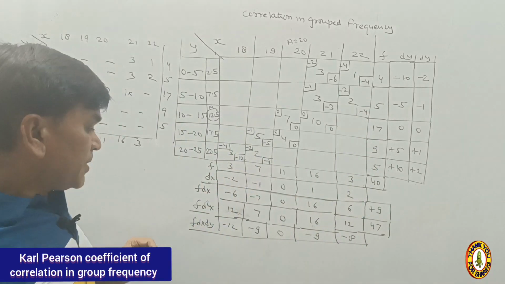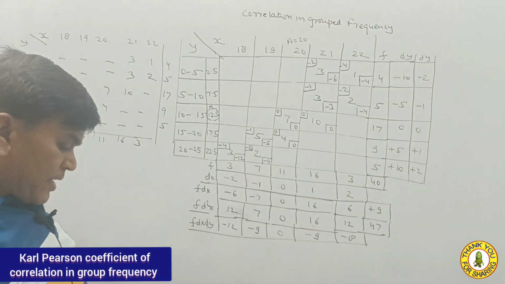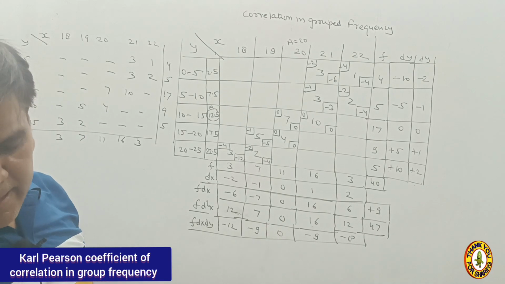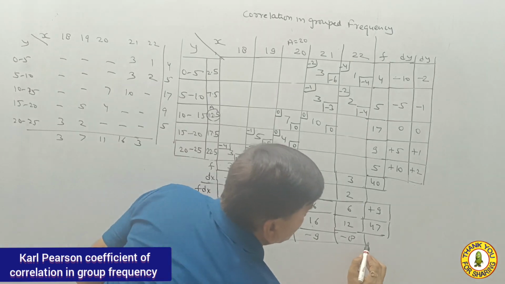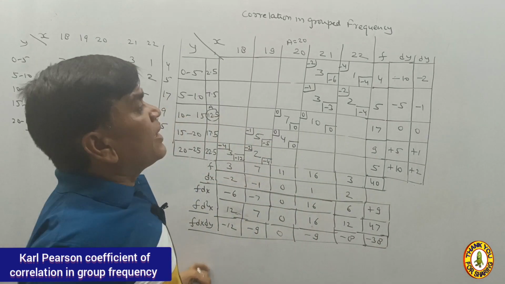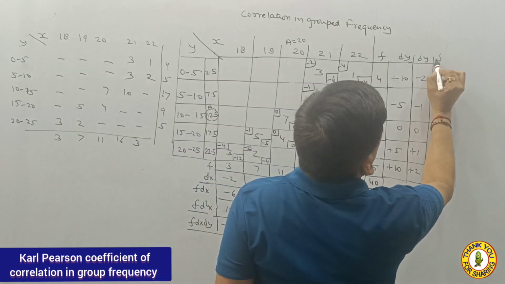So the addition of this is 12 plus 9 plus 9 plus 8, that is minus 38. Again we require f dy.